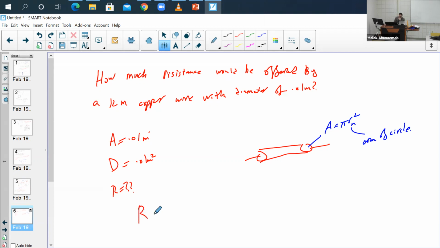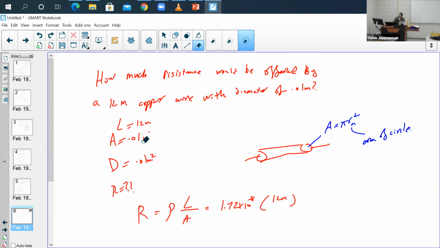So your resistance equals your rho L over A, your length over the area. So resistivity, that's copper, we said the resistivity of copper was 1.72 times 10 negative 8 multiplied by your length, which we forgot to write down in our information, which is your 12 meters, divided by your area.